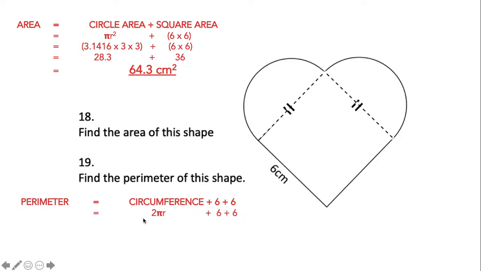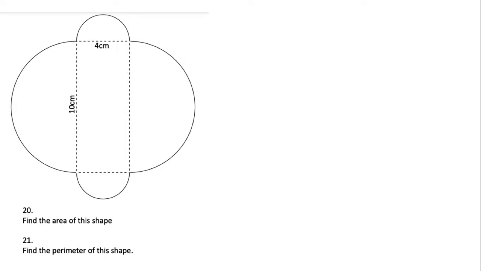The formula is 2 pi r for the circumference, so make sure you know those 2 different formulae. 2 pi r plus 6 plus 6, so that's 2 times pi times the radius of 3, plus 6 plus 6. So that's 18.85, plus 6 plus 6, 30.85, and that's in centimetres because it's a length. Okay, on to the last one.